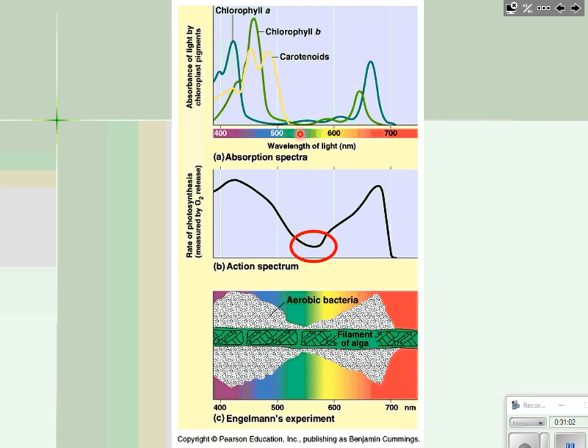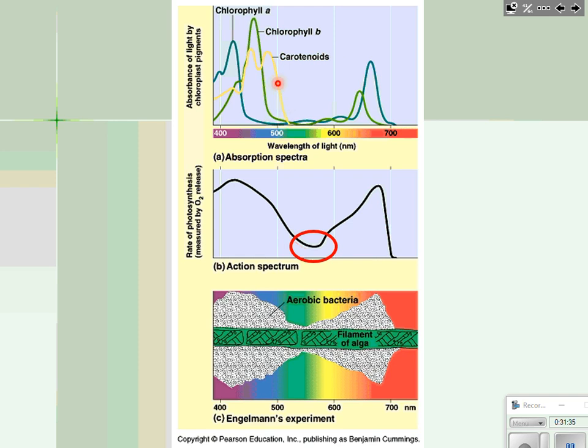And that is because chlorophyll A, which is the most important pigment for photosynthesis, is not the only pigment that most plants have. Many plants have a second type of chlorophyll called chlorophyll B, and most plants have carotenoid pigments, red, orange, and yellow pigments, and they are able to absorb some of the energy from green light.